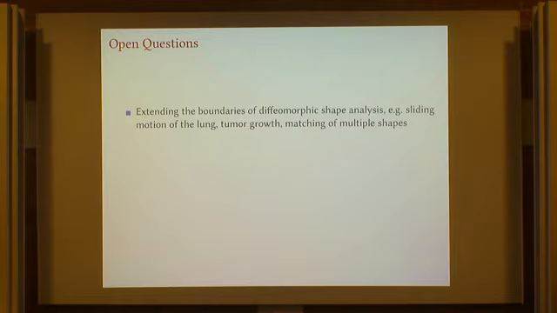There's no tissue breaking, but you still have this sliding motion which is not quite diffeomorphic. So you want a model that accounts for that, and some effort has gone into that. As soon as you have proper changes of topology, for example, a tumor growing out of nothing, then a diffeomorphic model is not enough to capture that. And the question of how to combine diffeomorphic and non-diffeomorphic changes is still pretty much open.